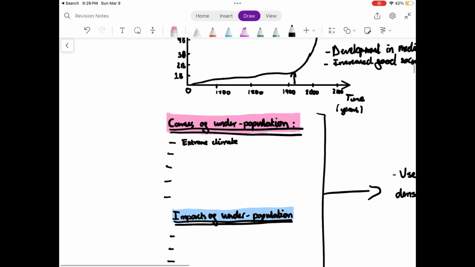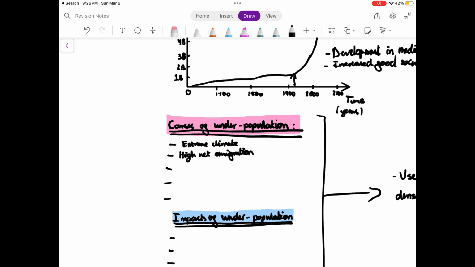There also may be high net emigration. We'll go into migration in more detail later in this video, but for now, emigration is when people migrate out of an area or a country. Another cause might be war, so people might take refuge and leave the area in order to seek security.